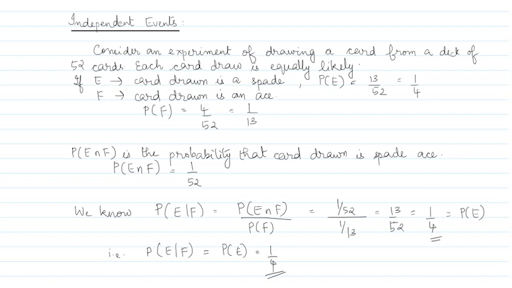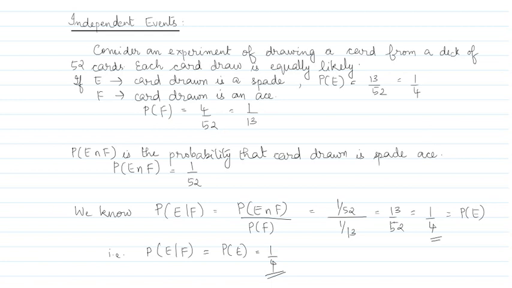How many aces are there in a deck of cards? 4. So your probability of F is 4 upon 52, which is 1 by 13. Now, what was P of E intersection F? E intersection F is nothing but events which favor occurrences of both E and F. Do you have something like that?